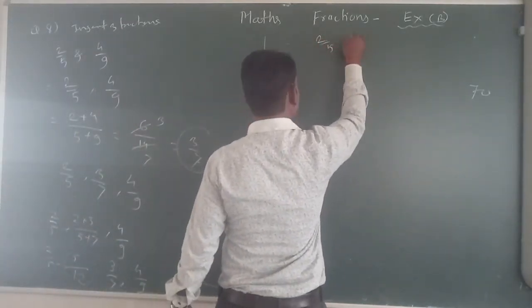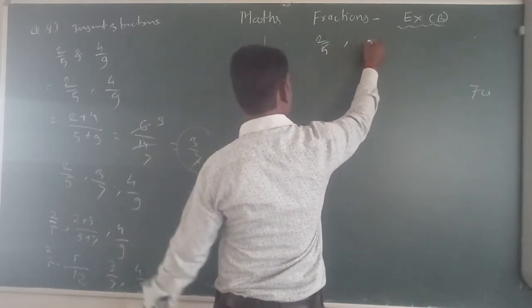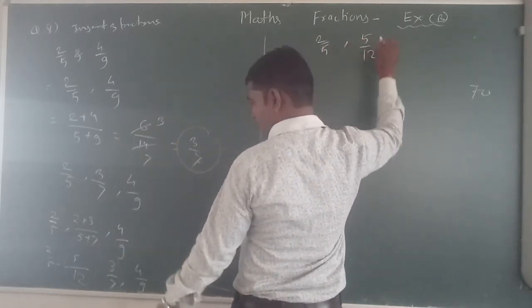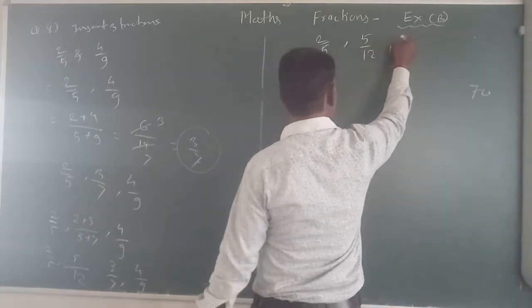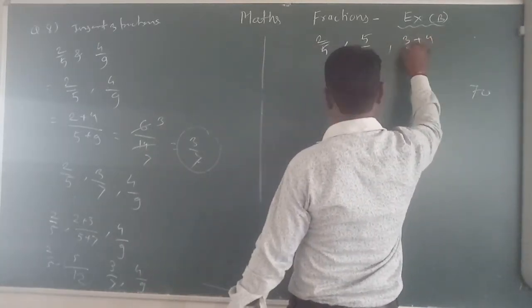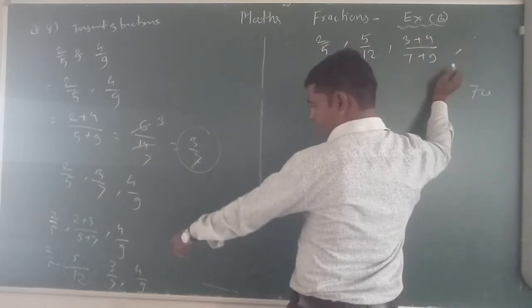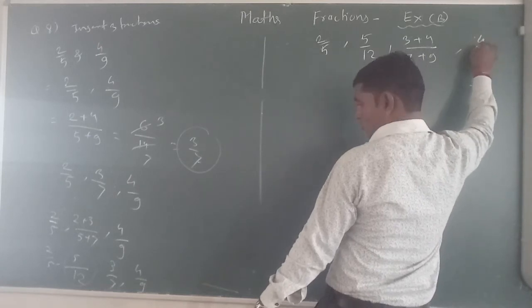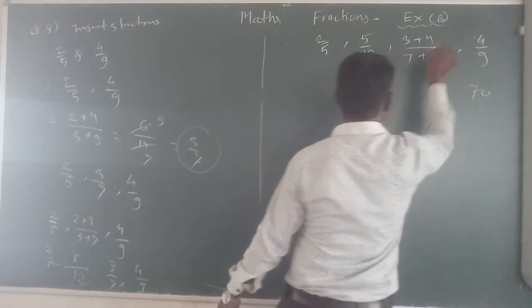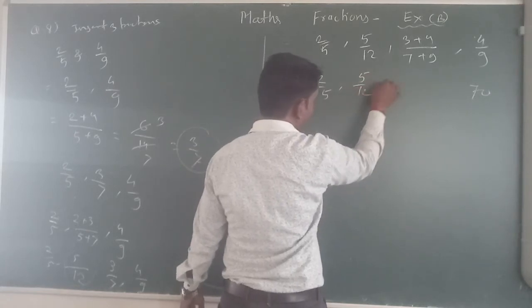2 upon 5, 5 upon 12, 3 plus 4 upon 7 plus 9 और लास्ट में 4 upon 9. Take this addition: 2 upon 5, 5 upon 12 as it is.